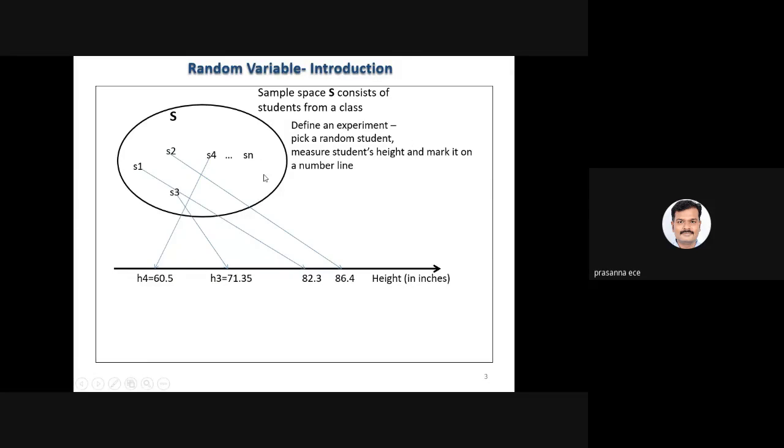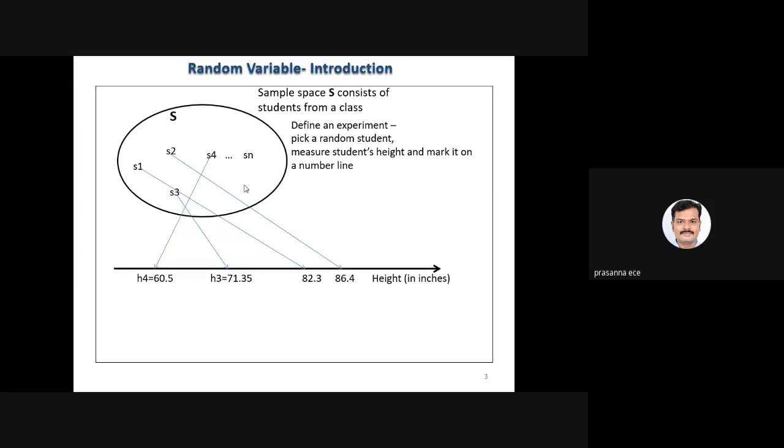Take the example of choosing a random student. Choosing a student is a qualitative outcome. The particular student has a name, say Ram or Anthony or something like that, and we are just selecting him. That is a qualitative outcome.